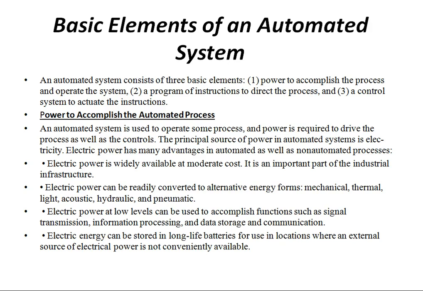It's also used in long life batteries for use in locations where an external source of electric power is not conveniently available. So when we take a power system like this, we need power to run different automated systems in an industry.